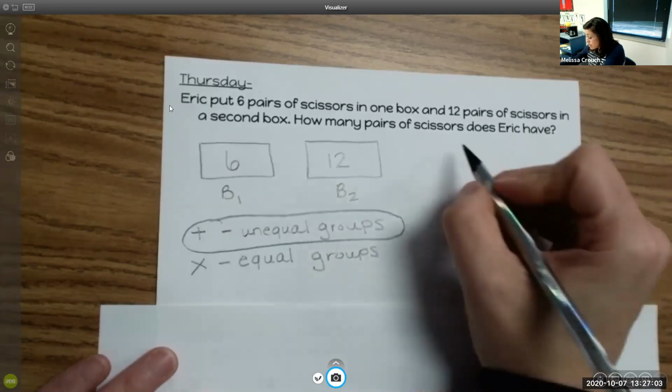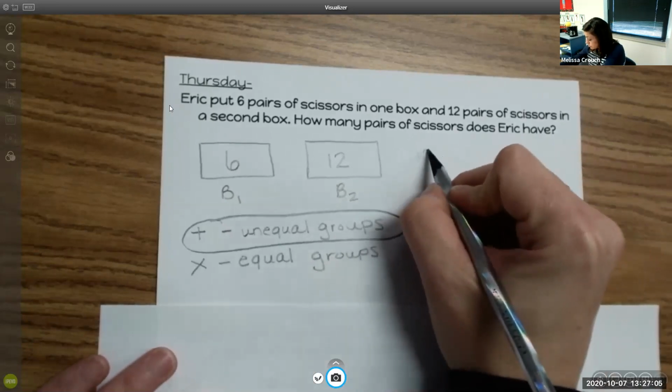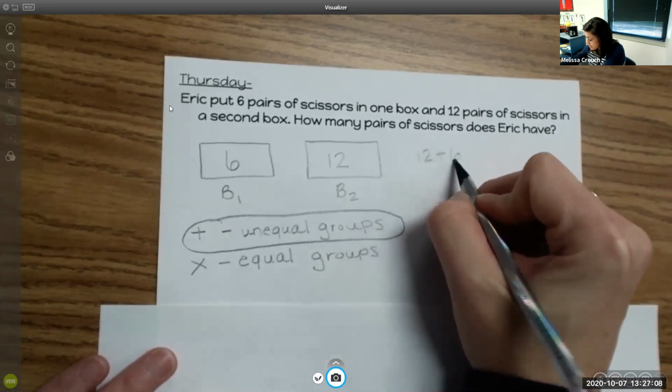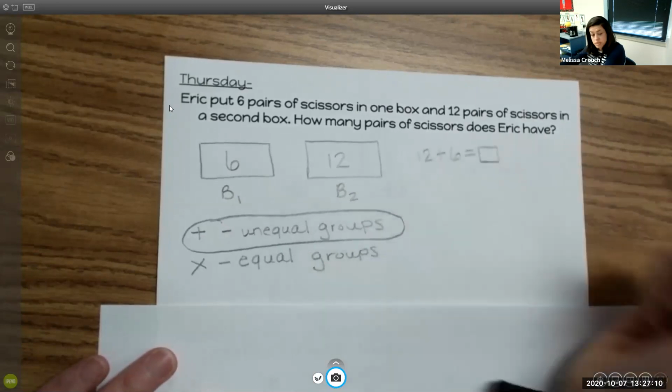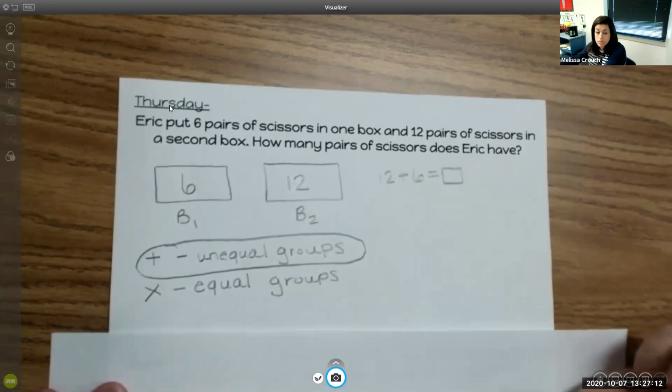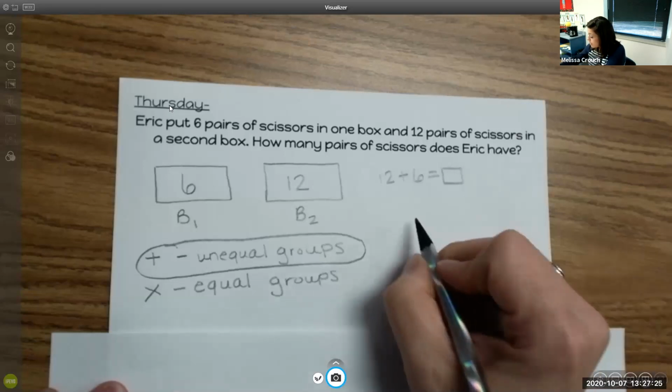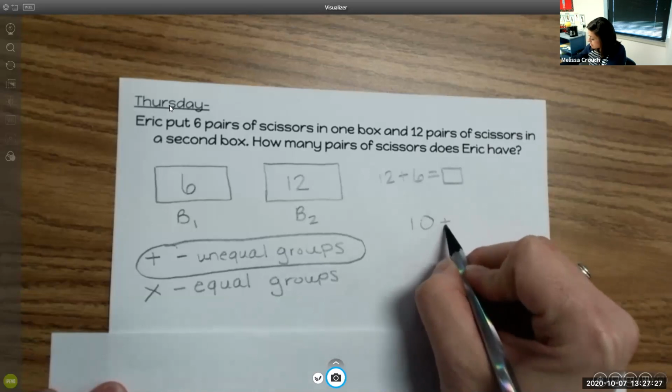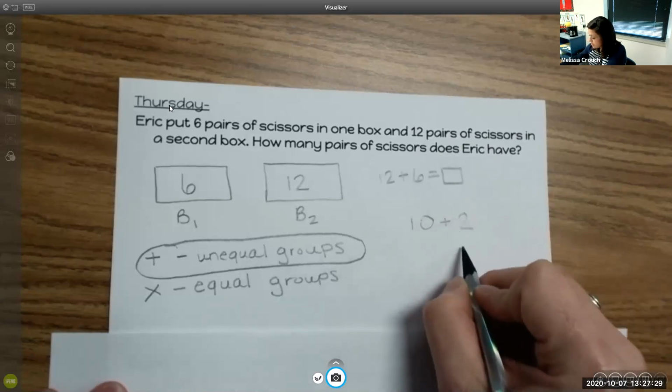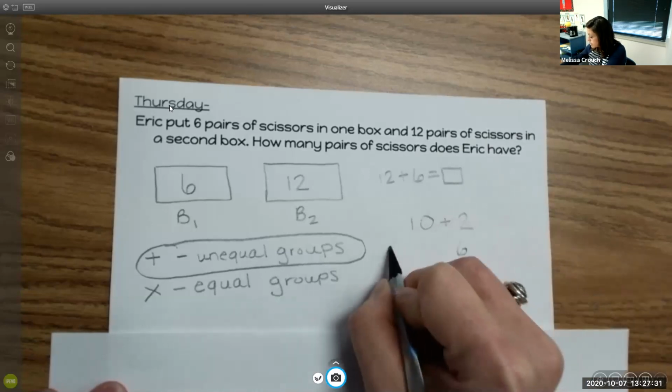So I'm going to do 12 plus 6 equals box. So let's use expanded form to add 12 plus 6. So we would have 10 plus 2, and then we have our 6.